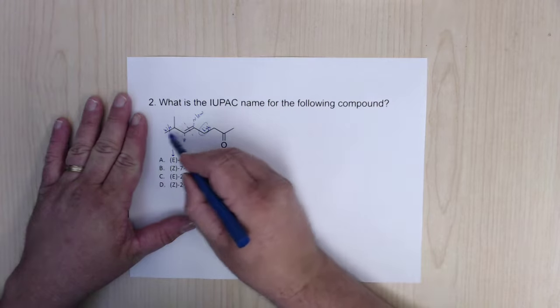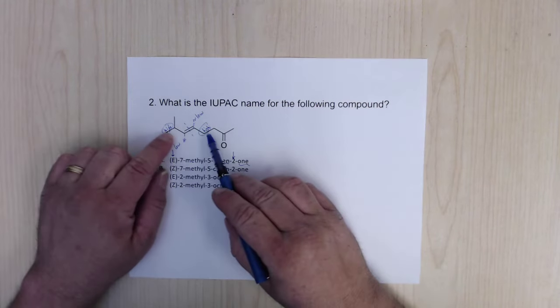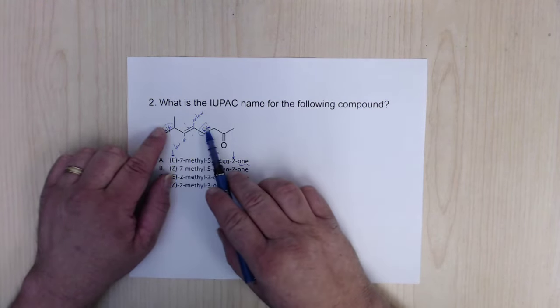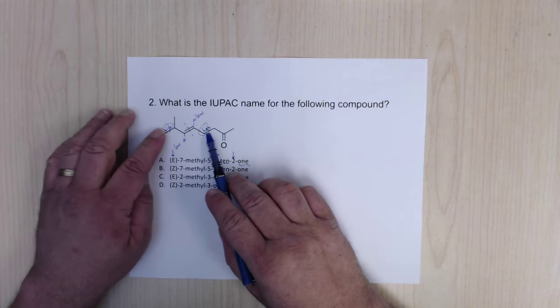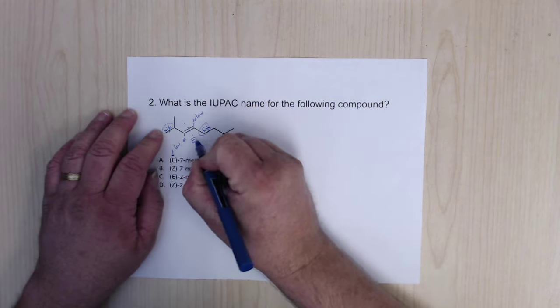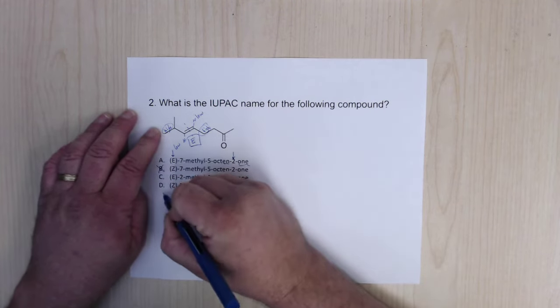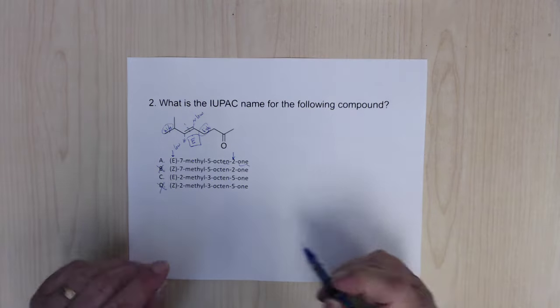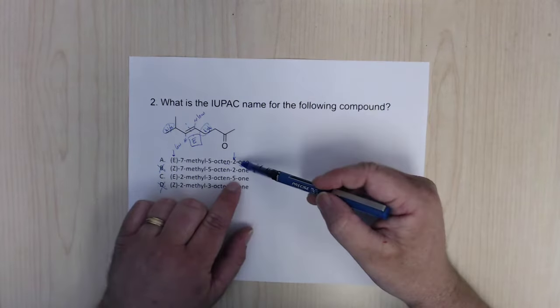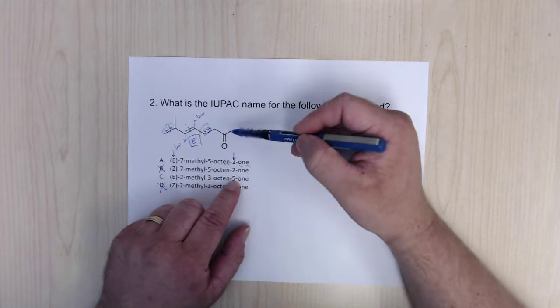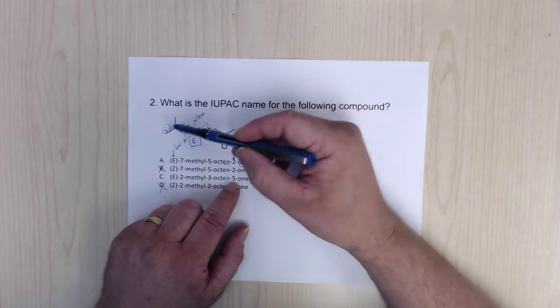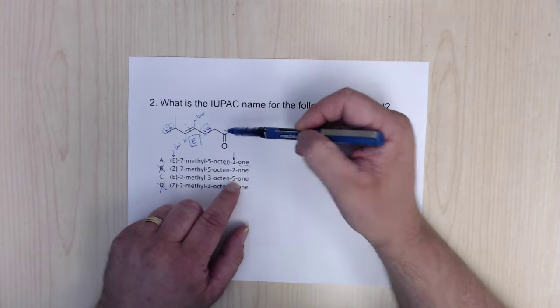So here the highs are not on the same side. We're up versus down, so like that. And so we know that this is definitely going to be an E, so we can get rid of any of the Z's. Voila. Now the next step is basically, is the ketone on carbon 2 or carbon 5? 1, 2, 3, 4, 5, 6, 7. Actually, this should be 7.